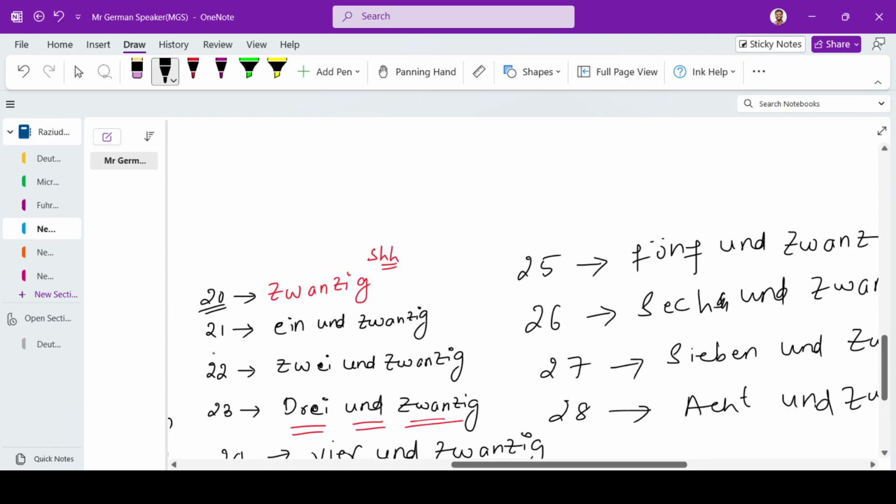So from 20 until 29, it's just adding numbers to 20, right? 1 plus 20, 2 plus 20, 3 plus 20.